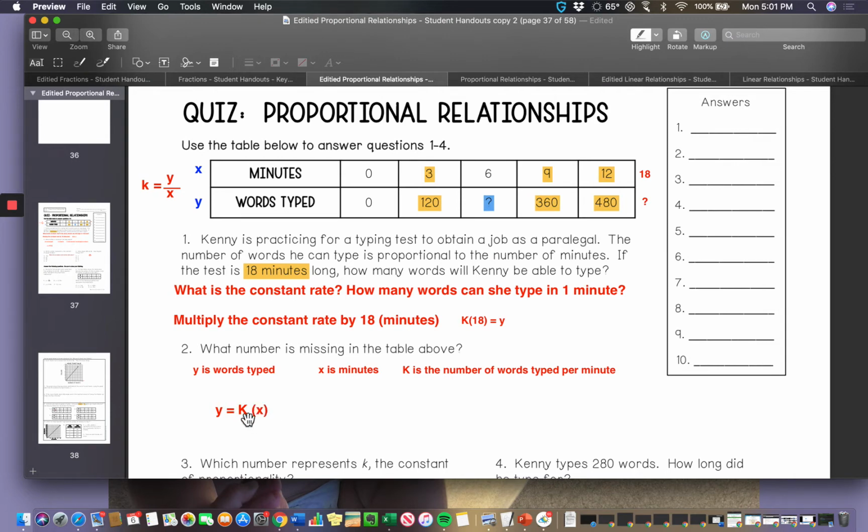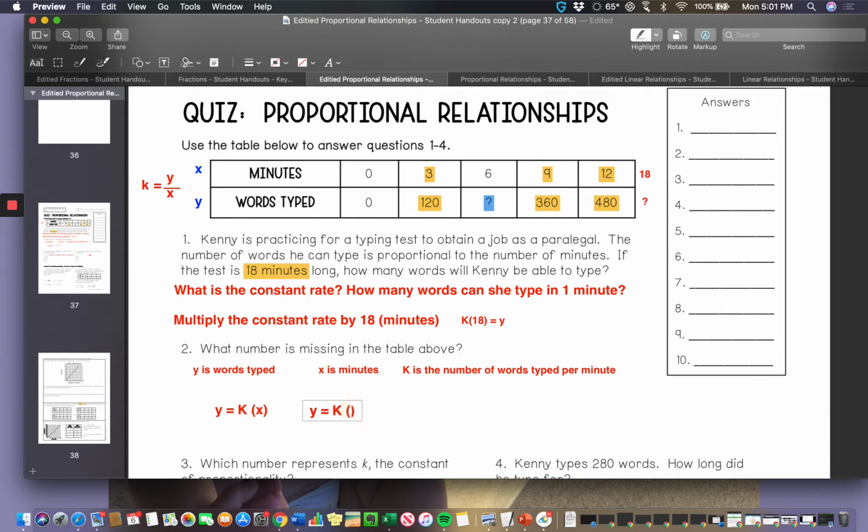If you're missing Y, you need to multiply your constant by X. In this case, X is going to be 6. I'm going to rewrite that formula over here so you know what X is.